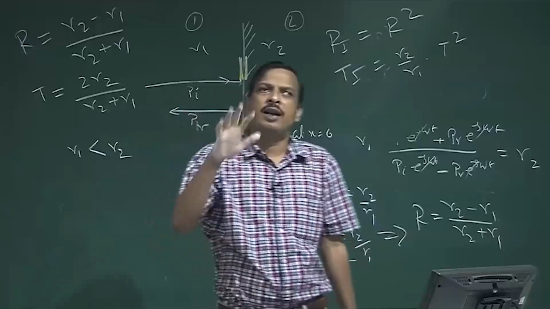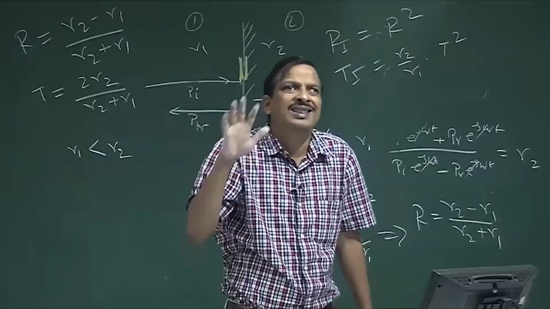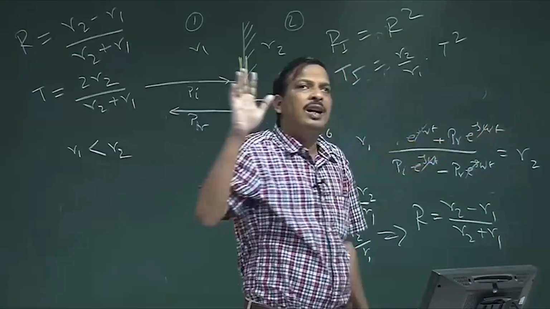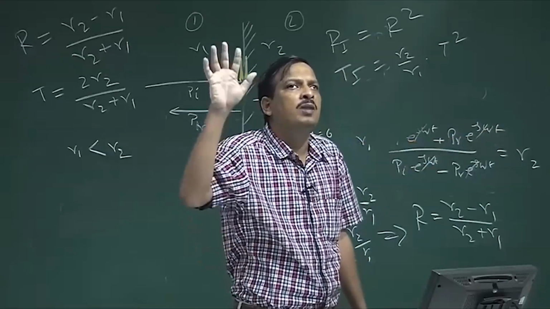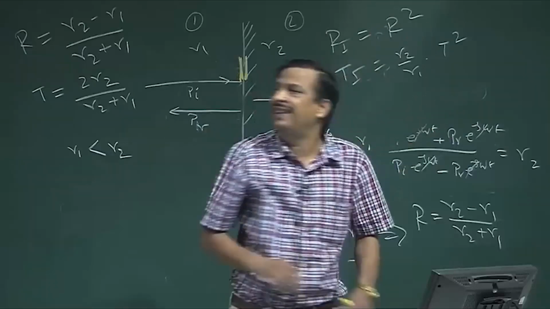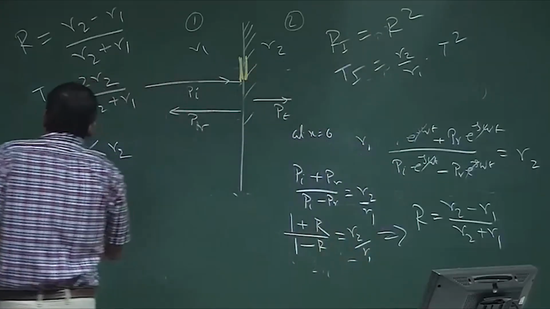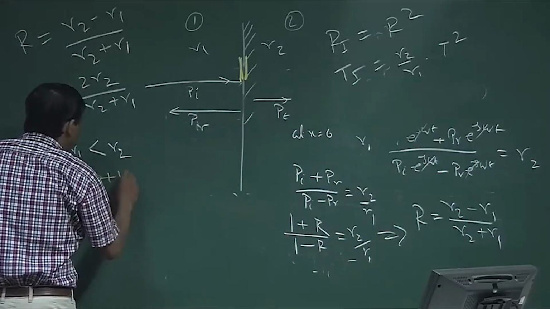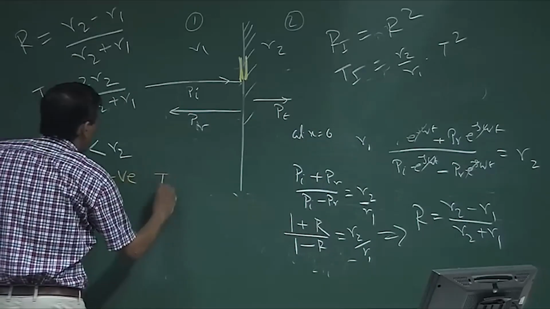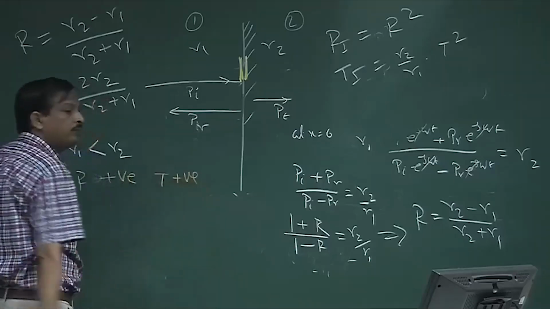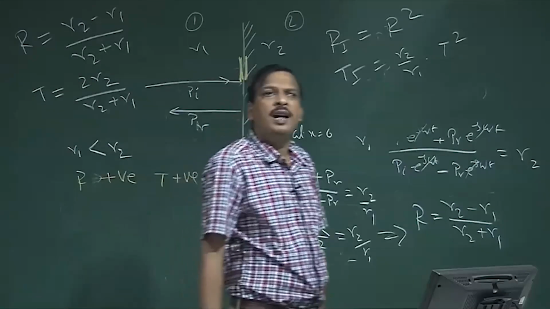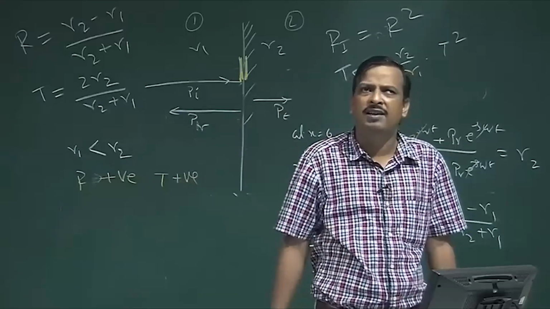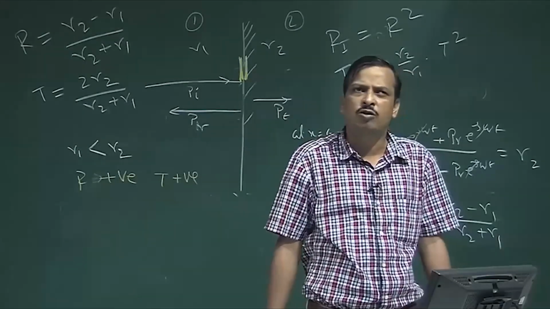Air's characteristic impedance ρ1 C1 is less than the characteristic impedance of the concrete wall. So a wave is transmitted from air to a solid wall. In that case, R will always be positive and T will always be positive. So I can get the value of R and T if I know the R1 and R2 values.